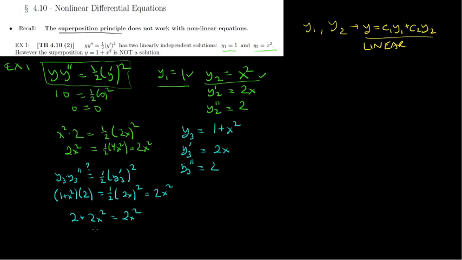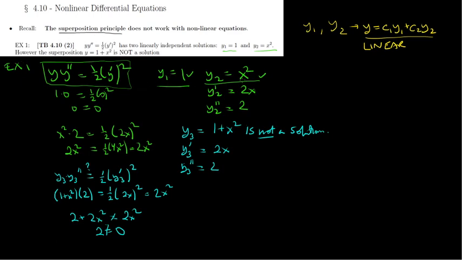So if you take away the 2x squareds on both sides, you get 2 equals 0, which is ridiculous, right? So that just confirms that this is not a solution. Okay, so the superposition principle does not work.